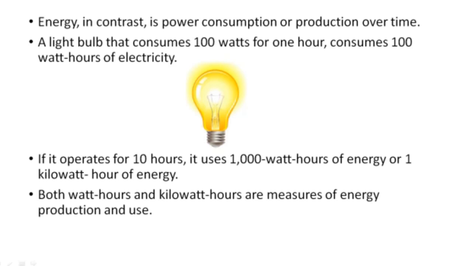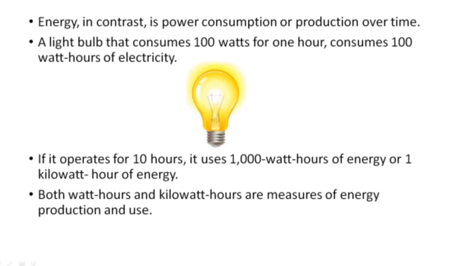Both watt hours and kilowatt hours are measures of energy production and use. A solar electric system that produces electricity at a rate of 1000 watts for 4 hours produces 4000 watt hours, or 4 kilowatt hours of energy.